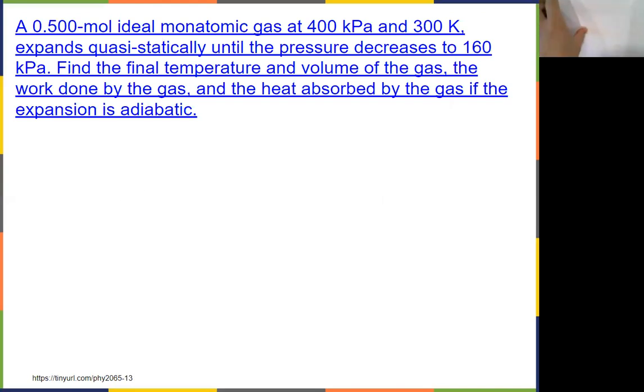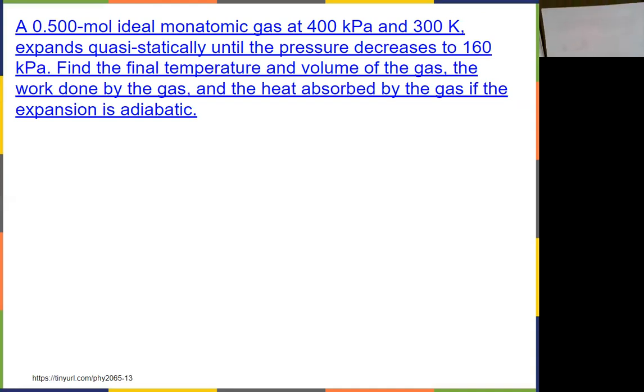So let's take a look at this one here. It says a monatomic ideal gas, 0.5 moles at 400 kilopascal and 300 Kelvin, expands quasi-statically until the pressure decreases to 160 kilopascal.